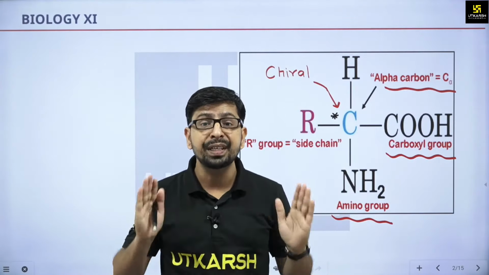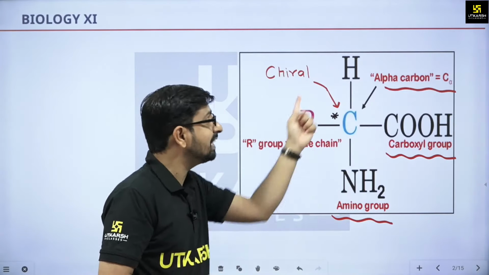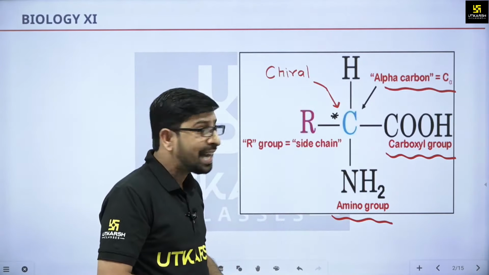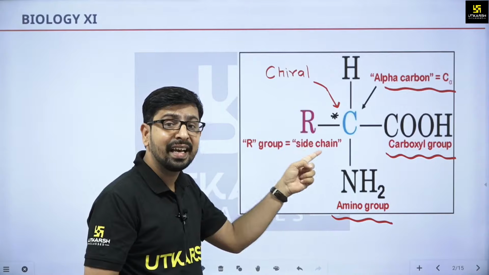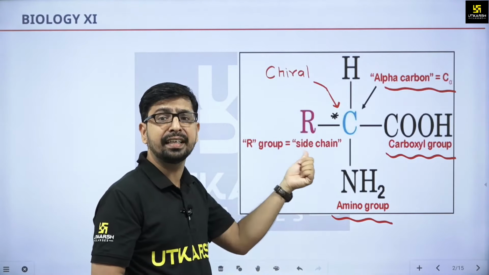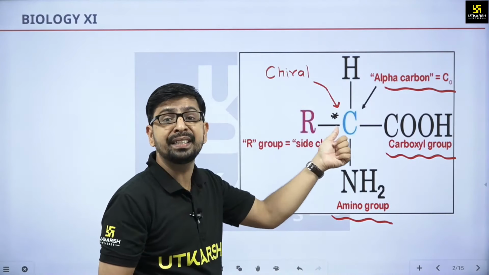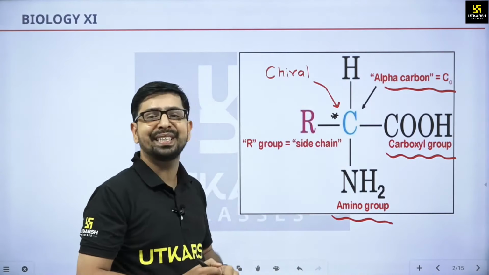This carbon is attached to different atoms or groups: one is hydrogen, one is a carboxyl group, one is an amino group, and one is an alkyl, a different alkyl moiety. So this carbon is called the asymmetric carbon, and the asymmetric carbon is called chiral.